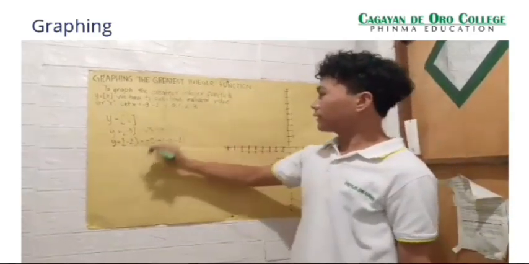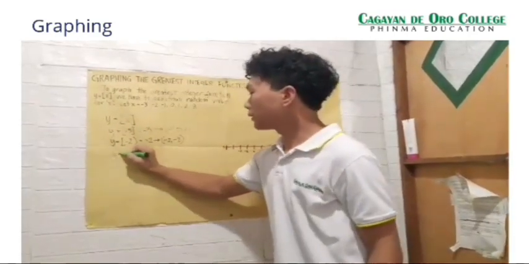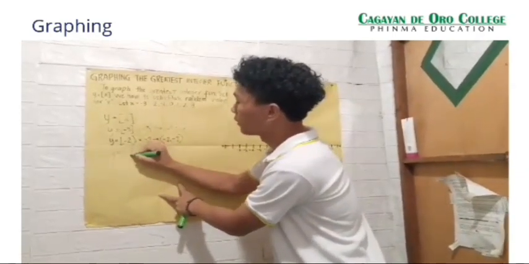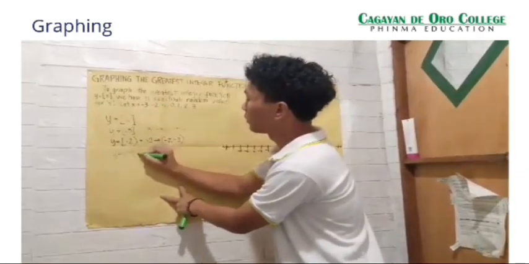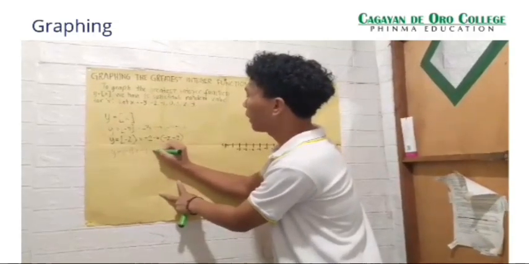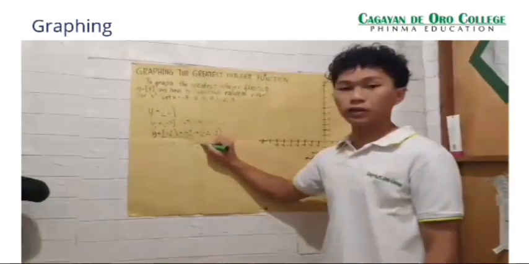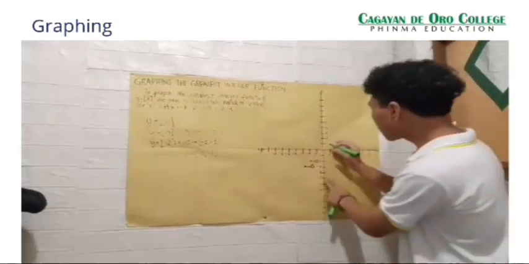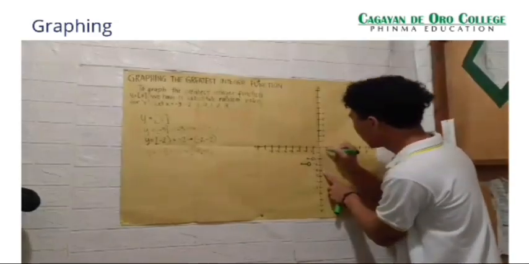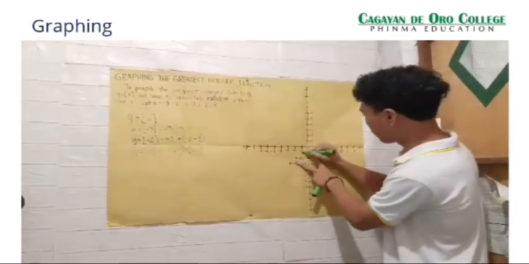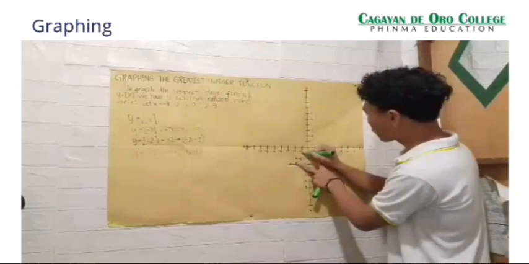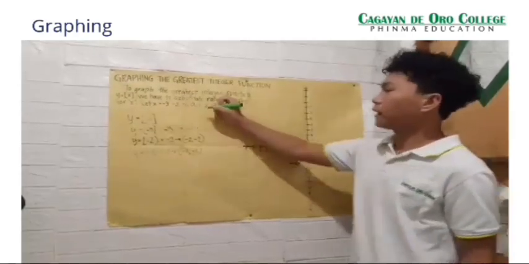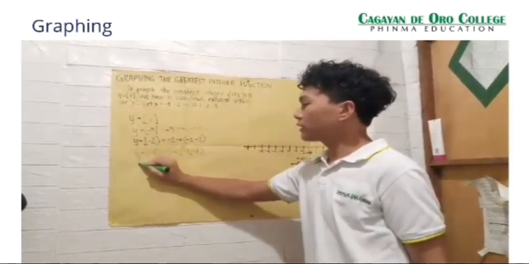Then next is y equal to the floor of negative 1, is equal to negative 1. That implies our ordered pair is negative 1 and negative 1. So negative 1 is over here, and we need to move 1 unit from left to right. That is like that.